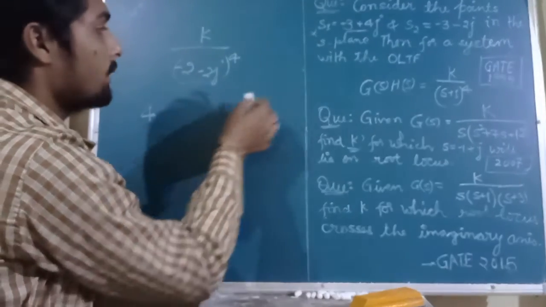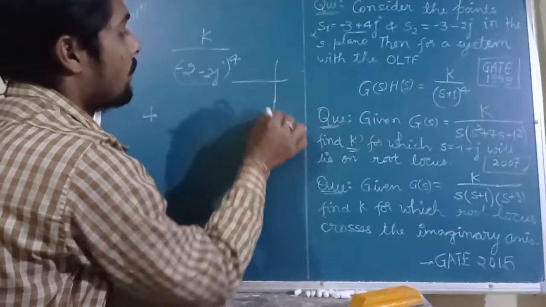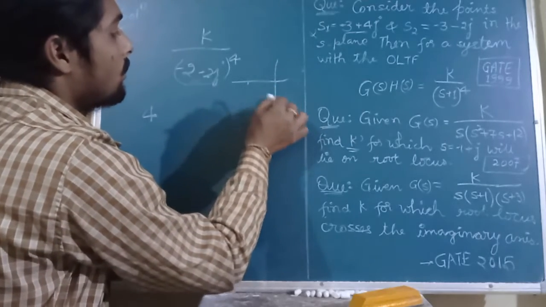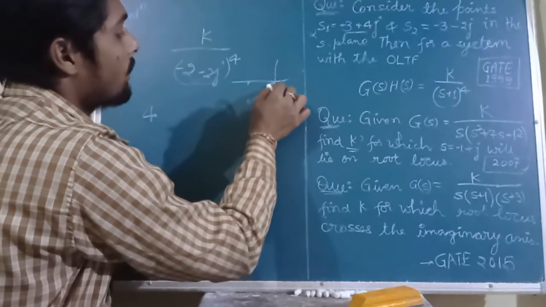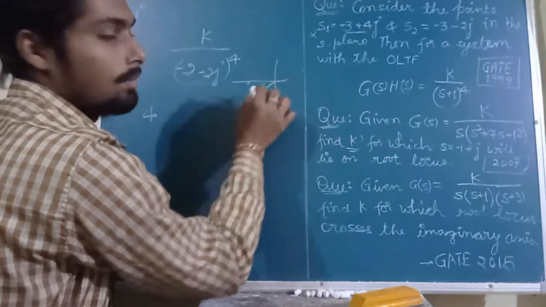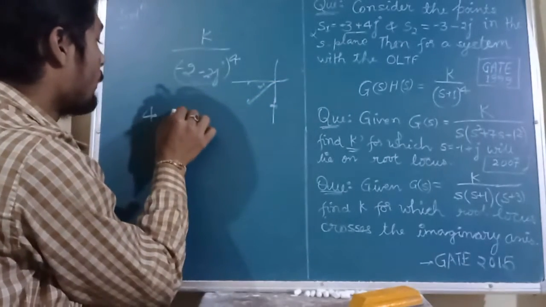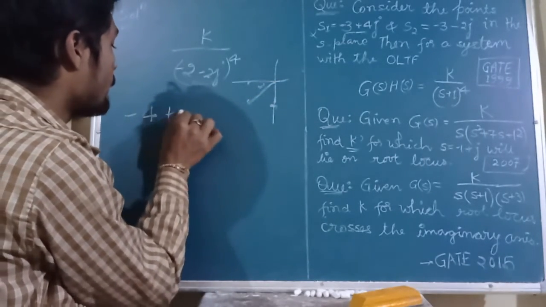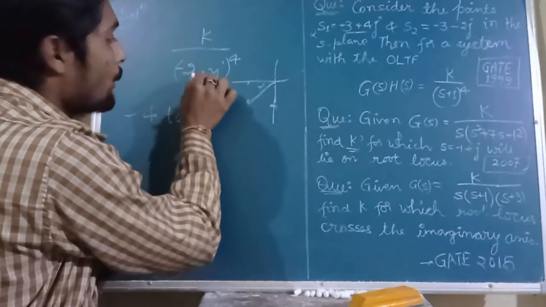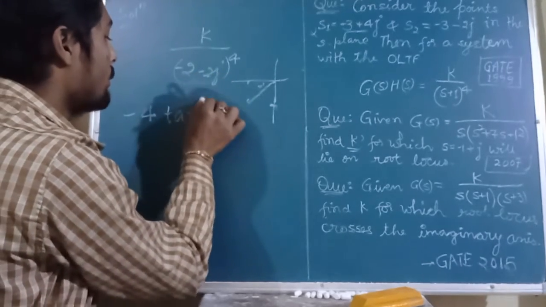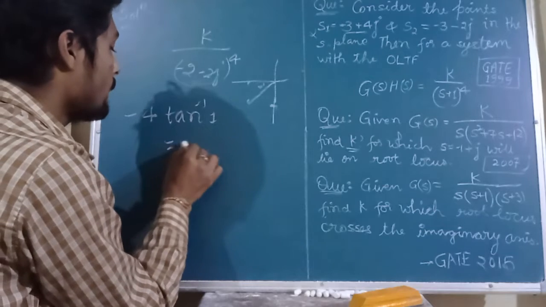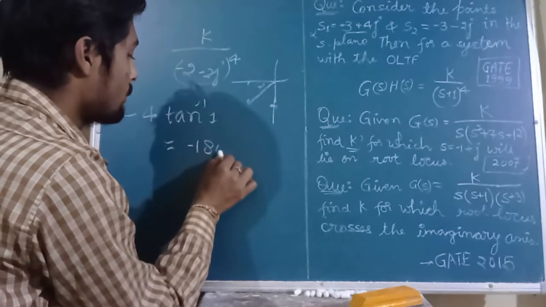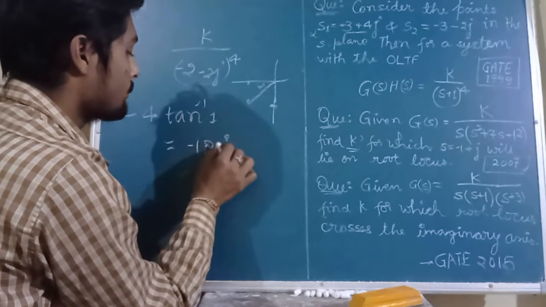I think you can already tell, because this is point something minus 2 and minus 2j. This will be certainly 45 degree from here, right? And when we will calculate minus 4 times tan inverse 2 upon 2, that is 1, then we will get minus 180 degree.